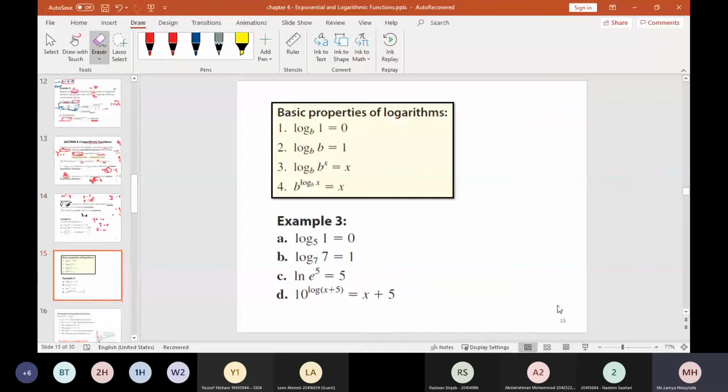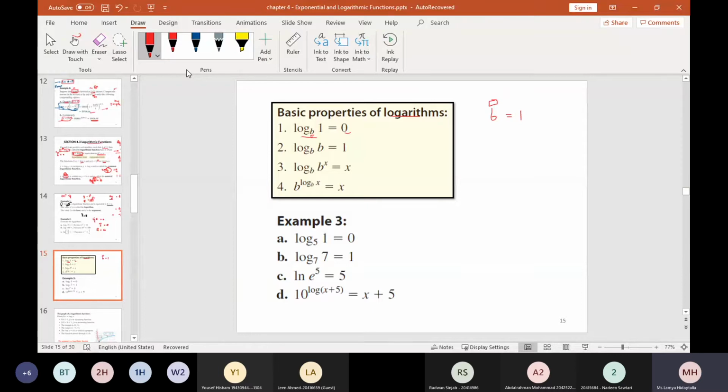Now we will have some properties or rules for the logarithm. Always log 1 to any base should equal 0, correct? Actually, what is the meaning of that? This is b to what power will give me 1?